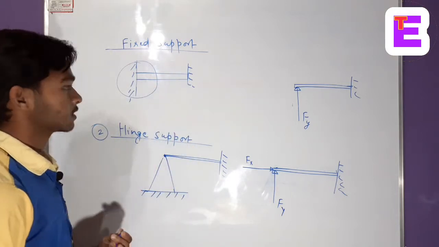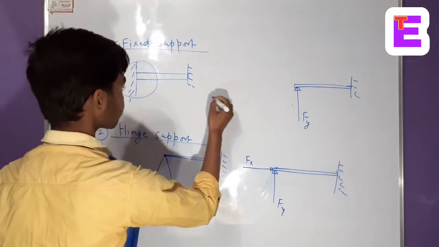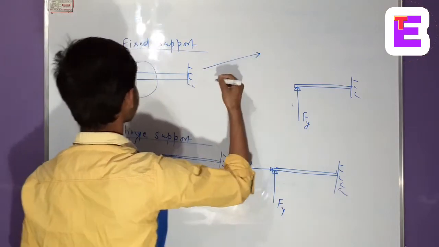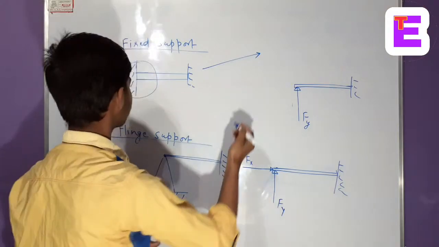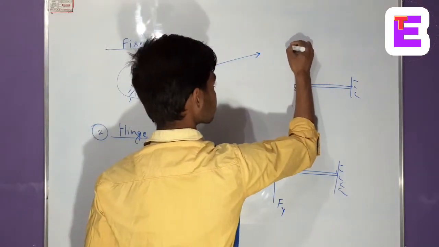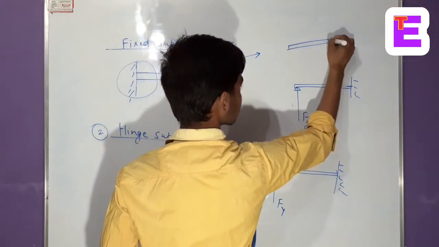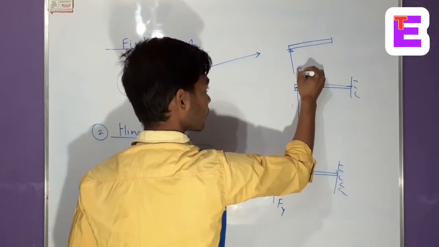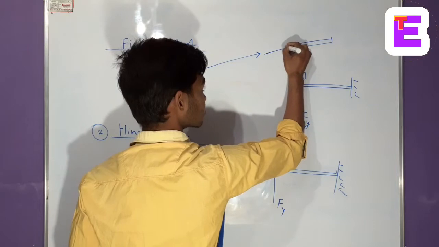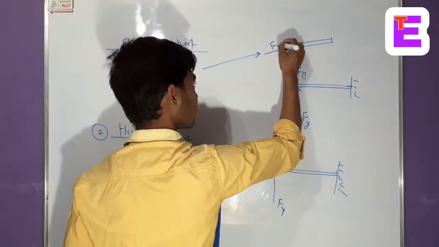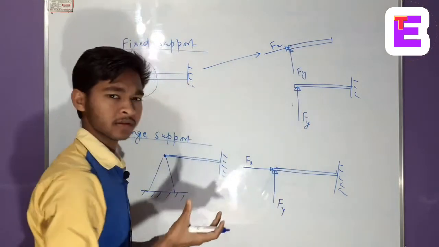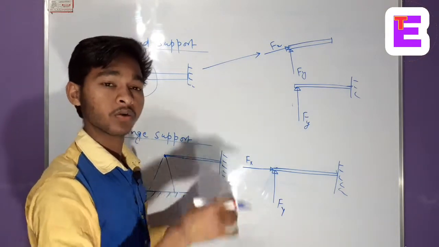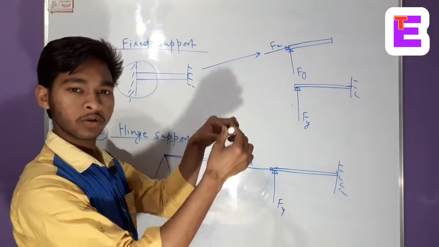Okay, so we will simply represent this, that is the free body diagram. It will apply some force in the y direction, some force in the x direction, as well as some moment, because rotation is all about the moment.